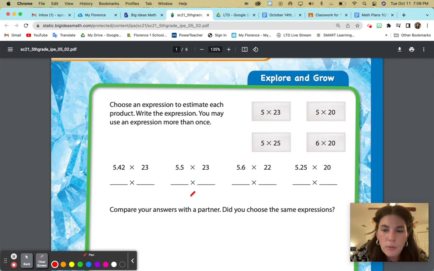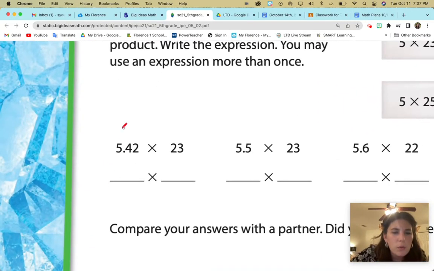Well, I'm going to put my rounding skills to the test. 5 and 42 hundredths, if I round that to the nearest whole number, what's really happening here is I'm rounding here. So I'm going to look to the neighbor on the right and I'm going to say, are you 4 and below or 5 and above? And that 4 right there would say, hey, I'm 4 and below.